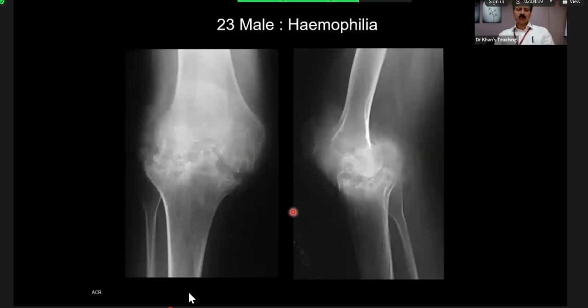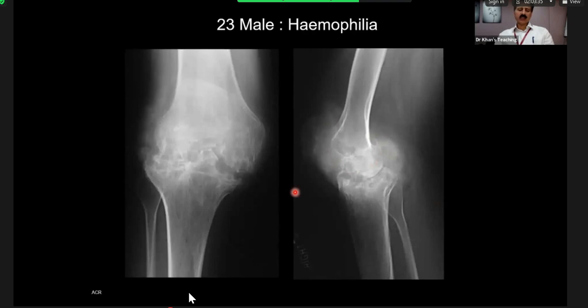This is a film of hemophilia. Now, of course, if you look carefully, some of the things are visible. This epiphysis is larger. You can see widened intercondylar notch. These are secondary changes, so we are not very interested. But on a plain film, literature tells us that one of the findings is increased soft tissue density because of chronic hemorrhage.